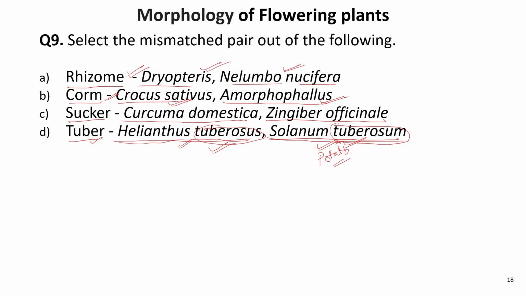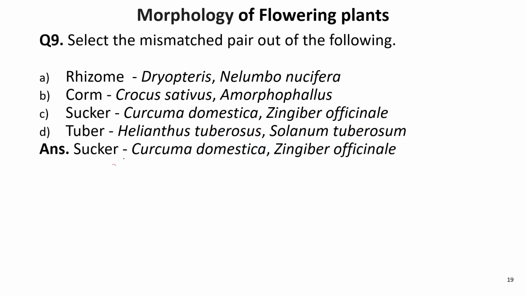Okay. Now the sucker, Curcuma domestica, that is the turmeric, and Zingiber officinale, that is the ginger. Both bear rhizome structure. So the mismatched pair is sucker, Curcuma domestica and Zingiber officinale.